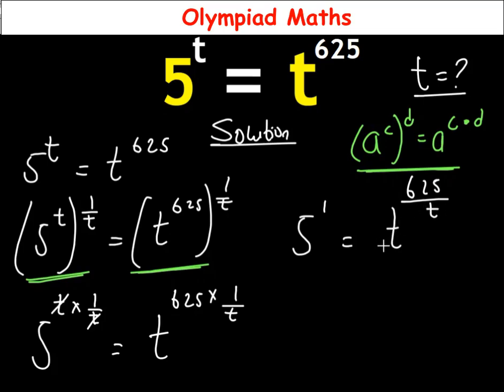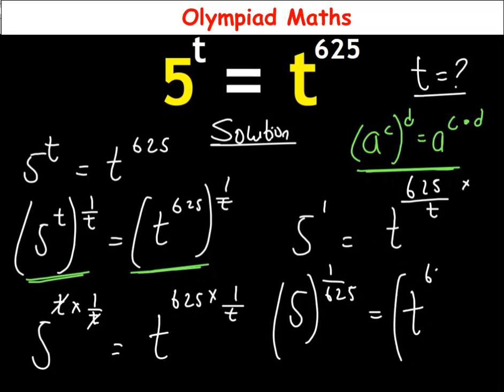Now at this junction, we are going to multiply both sides by power 1 over 625 to eliminate 625. So 5 raised to power 1, which is the same as 5, multiplied by power 1 over 625, is equal to t raised to power 625 over t, then multiplied by power 1 over 625.